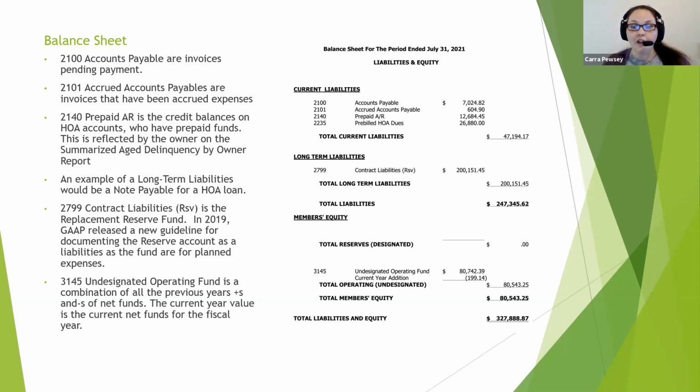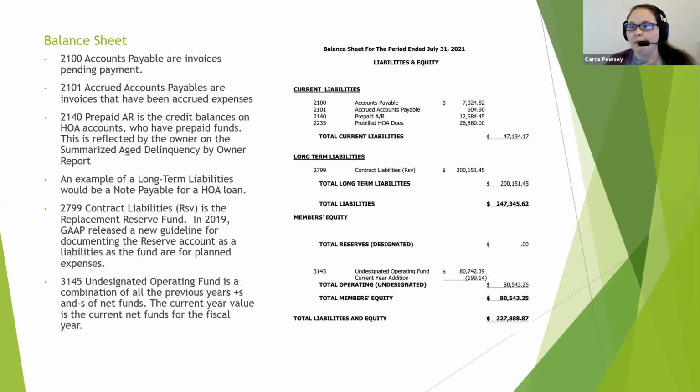So those projects are planned and you're funding for those projects, which makes them a liability of the association. That's the contract liability line item you see right there, the 2799, which would match your reserve account balance.